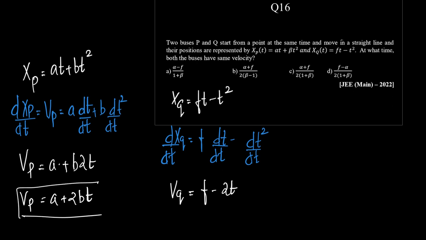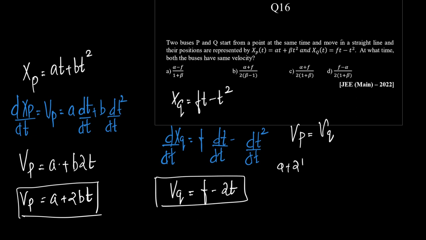Now when both the velocities are the same, say Vp is equal to Vq, we have a plus 2bt is equal to f minus 2t. So a minus f is equal to minus 2t minus 2bt.